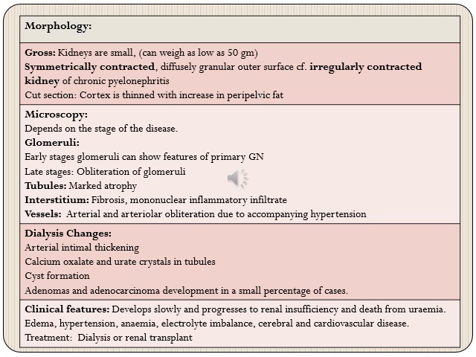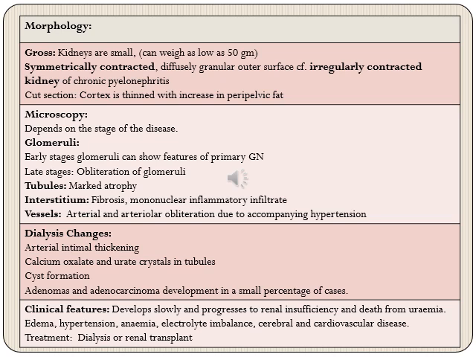This needs to be compared with the irregularly contracted kidney of chronic pyelonephritis. So these are two terms, one is glomerulonephritis and the other one is pyelonephritis. We have a separate lecture on pyelonephritis. For now we will be limiting ourselves to glomerulonephritis, where we have these symmetrically contracted diffusely granular kidneys.